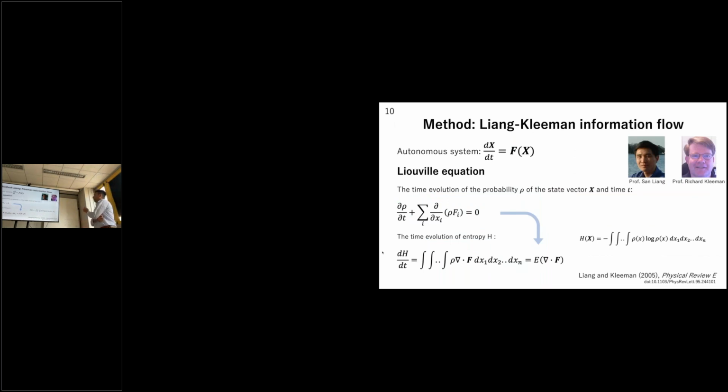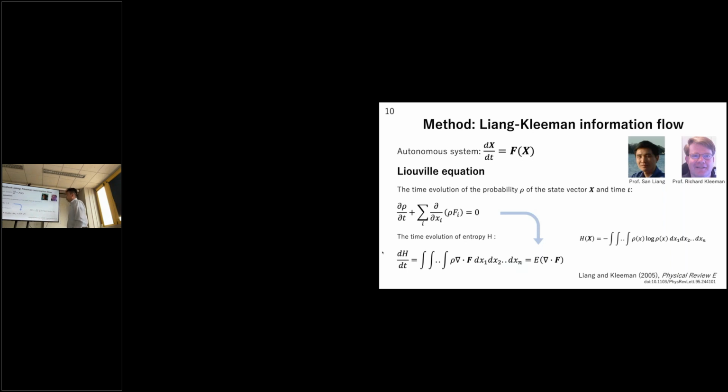So the method we use in this study is the near-neighbour information flow. Here I just took a picture of the two authors who discovered this method: one is Professor Sang Liang at Fudan University, and the other is Professor Richard Dean. They proposed this method. Let's think about an autonomous system like this.